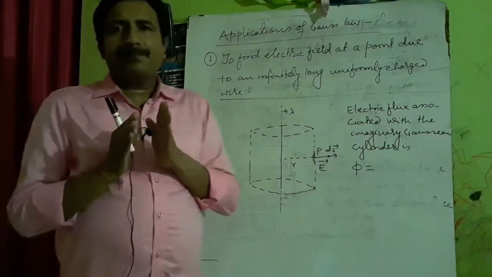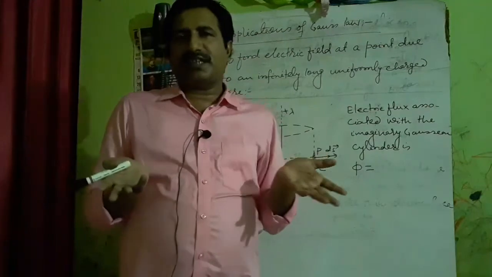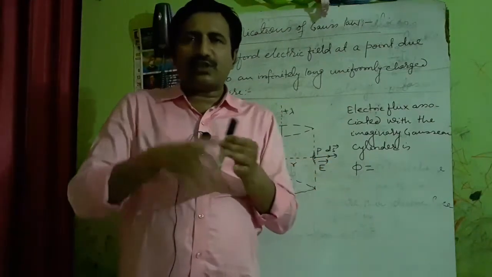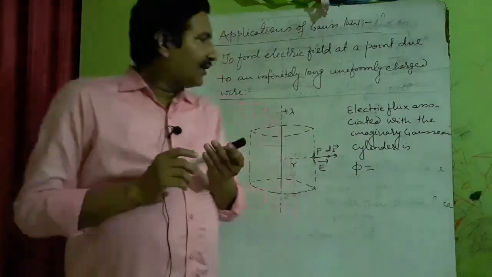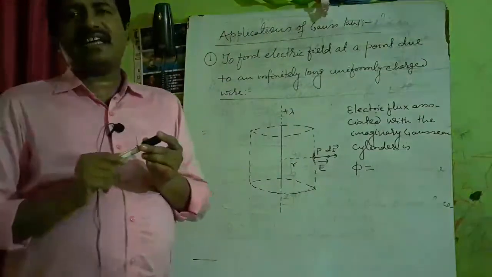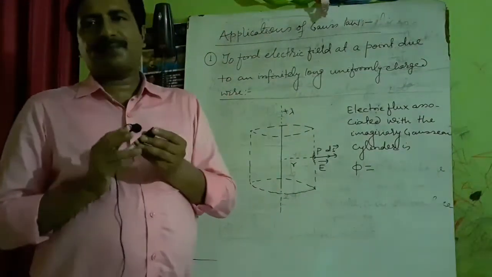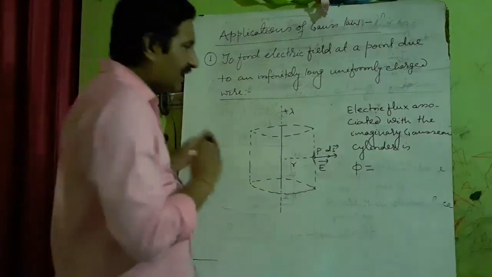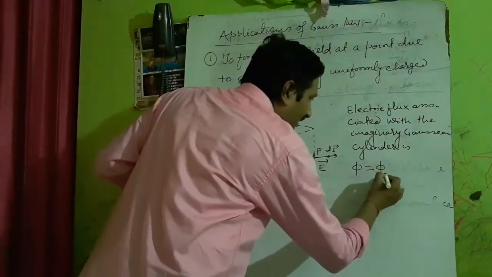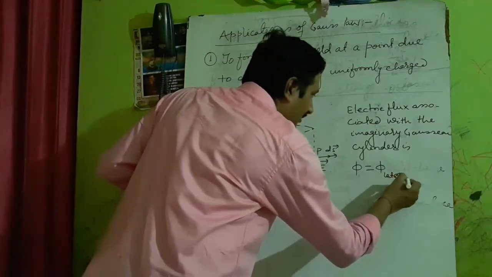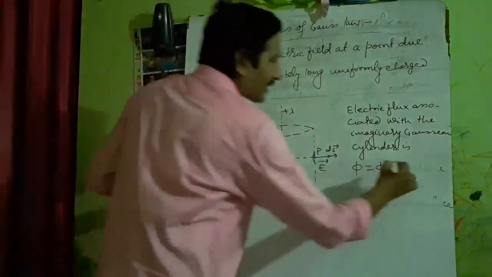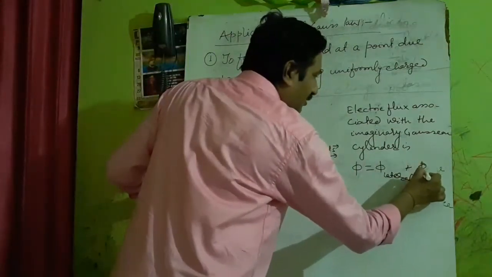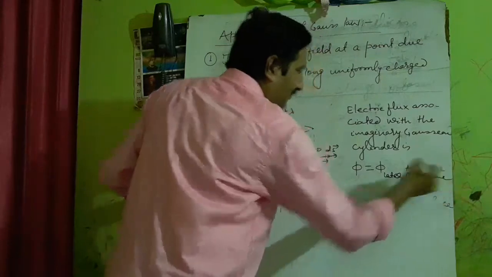So there will be different contributions to the electric flux due to these three surfaces. So let us find the electric flux due to the curved surface and then due to the plane surface. So this is phi due to the lateral or curved surface plus phi due to the plane surface.